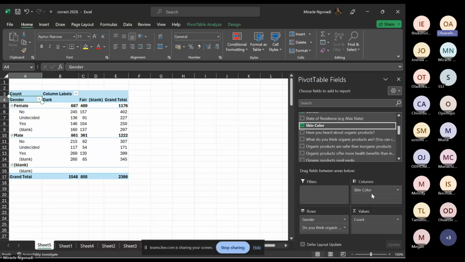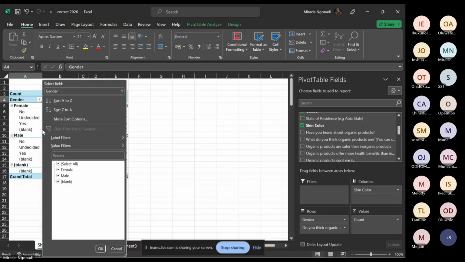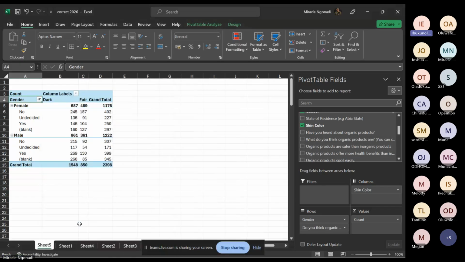So now, converting to percentage, this is where you right-click inside of those figures. So let's first remove those blanks. You are going to move to gender, that place where you have gender. You are going to see a drop-down button and untick the blank. Now, if you check at the top again, you can see one that says column label, change it to skin type, and then make sure you remove irrelevant ones.